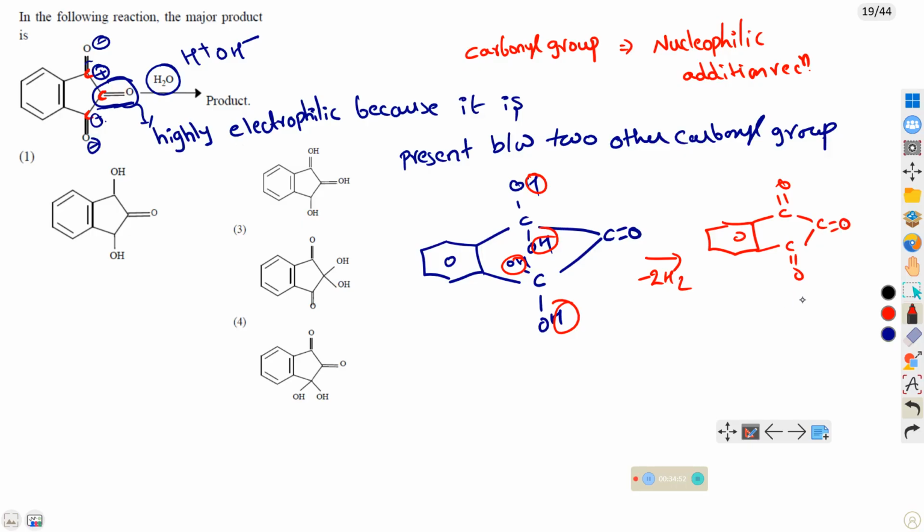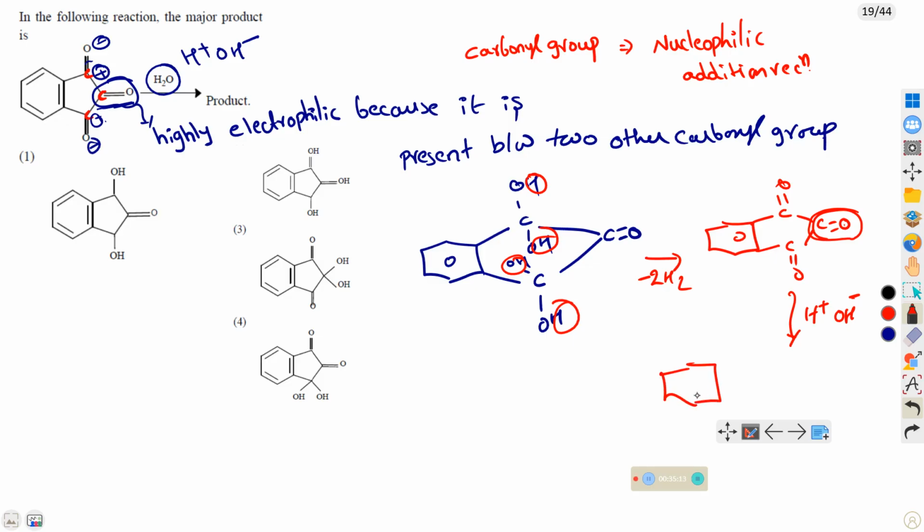Now this is an electrophilic group, highly electrophilic. Now add H2O here. Break the pi bond and add H2O, H plus and OH minus.